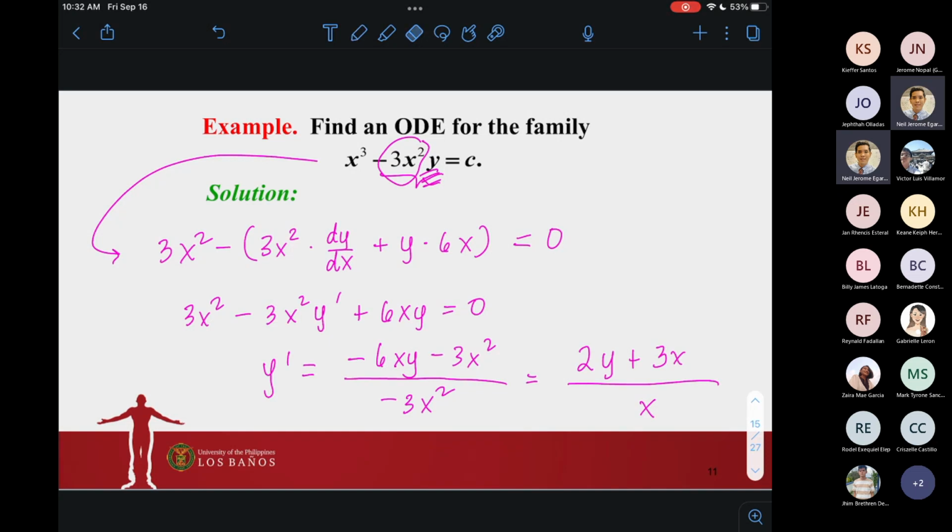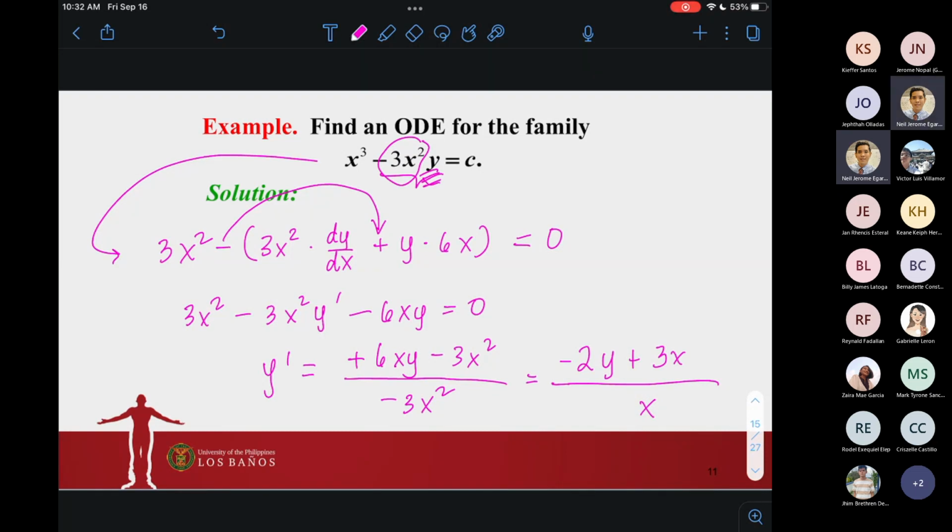Oh yeah, thank you, Billy. Yeah, there should be a minus nga pala kasi nag-distribute ako ng minus doon. So this will be a positive and this will be a negative. So our implicit form is y prime equals 3x minus 2y all over x.